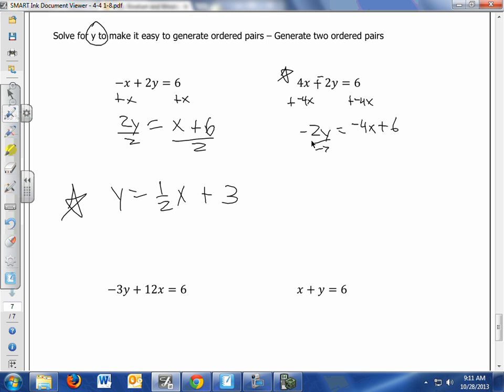Then divide both sides by -2. Dividing -4 by -2 gives you positive 2x. Dividing 6 by -2 gives you -3. Okay? And this is how I want your answer. If you don't have it like this, make it like this.